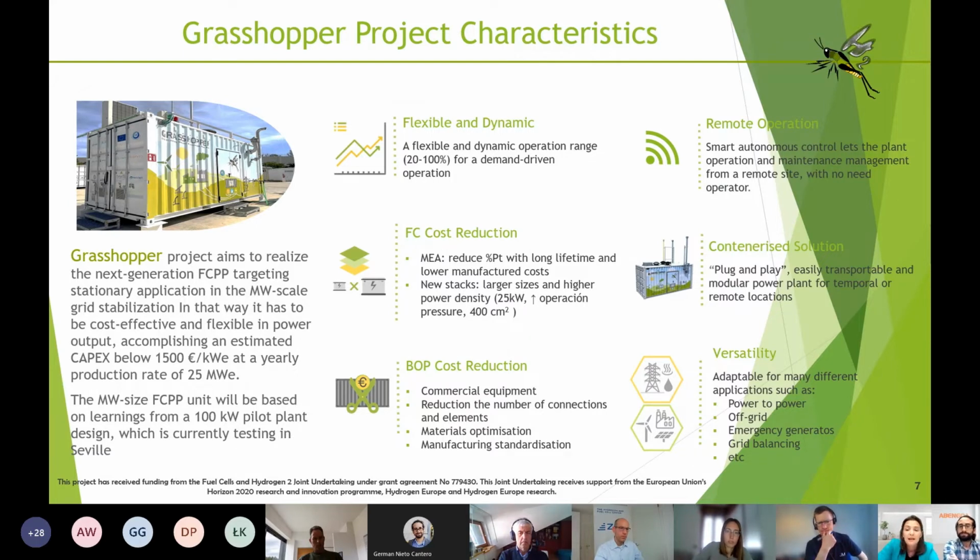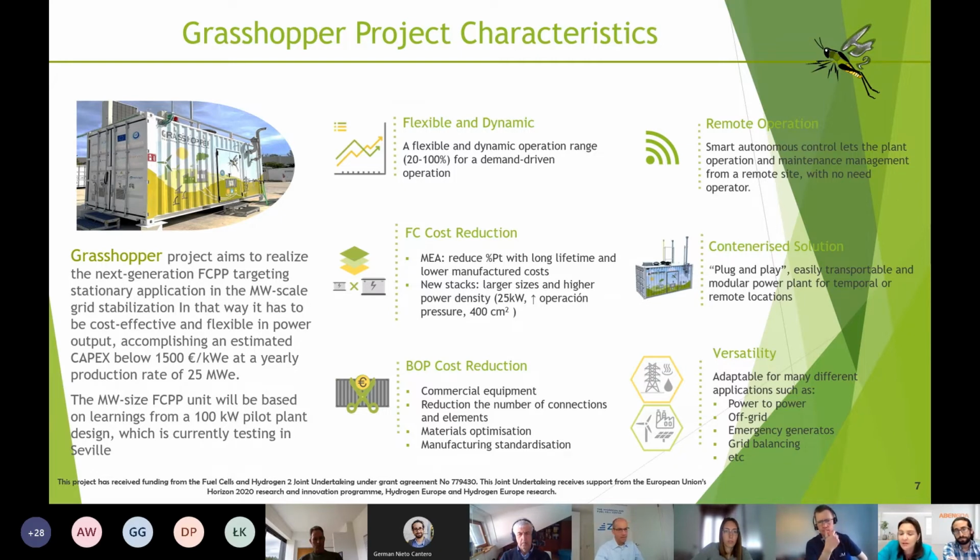Also, the plant has the novelty, compared to the conventional fuel cell power plant, of allowing a dynamic and flexible operation that can run from 20 to 100% load for demand-driven operation. To achieve a competitive product, the plant is autonomous, which means that it can operate without the need of an operator, allowing the plant to be run in a remote location.